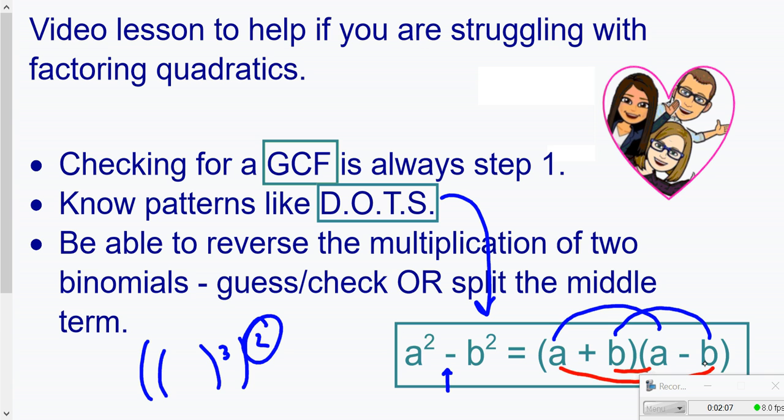Then the third bullet, and this is usually the hardest one for students, is to be able to reverse the multiplication of two binomials. You can use guess and check, and if you have really strong number sense, that is more than fine. I know I made it all the way through high school, college, all the math with that as a technique. When I became a teacher, another teacher taught me how to split the middle term, and I have mixed feelings about it.